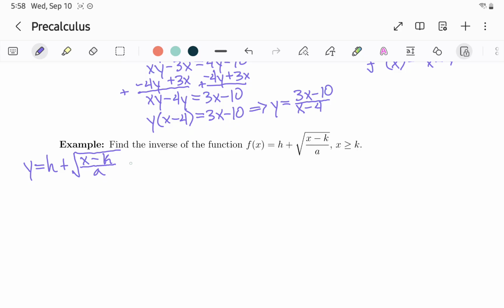All right, so now we want to swap x with y. So doing that, we are going to have x equals h plus the square root of (y minus k) over a.